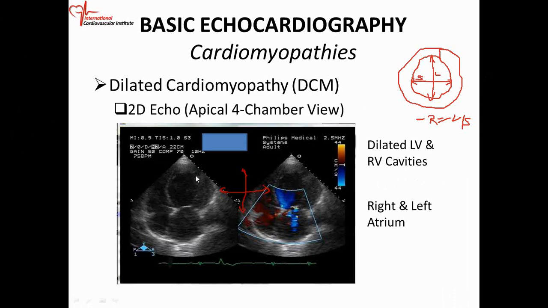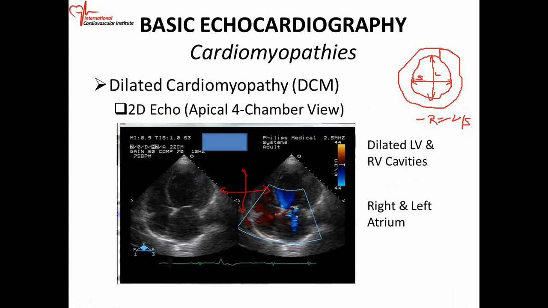So again, all the chambers, not all, but especially the LV will be dilated, and you get dilatation of the mitral annulus. So you do get some amount of mitral regurgitation because of dilatation of the mitral annulus, poor coaptation of the mitral valves, and mitral regurgitation.